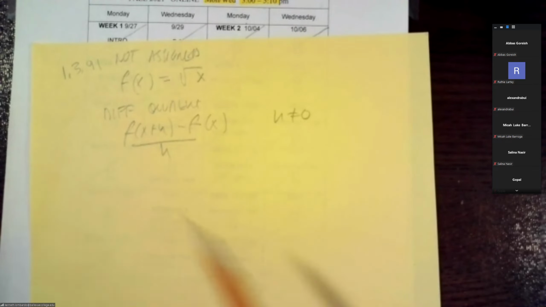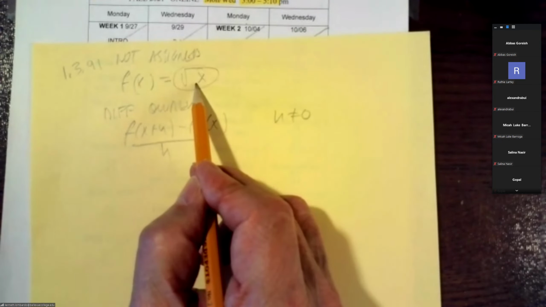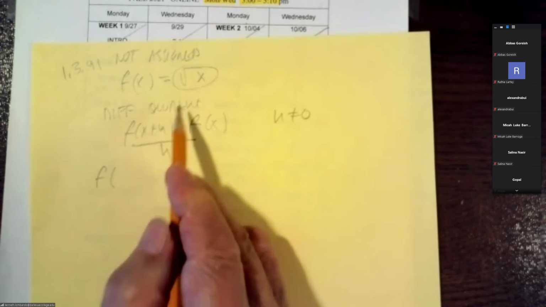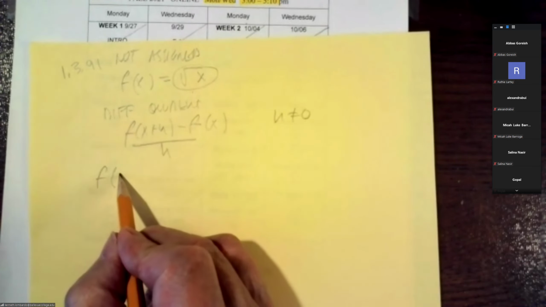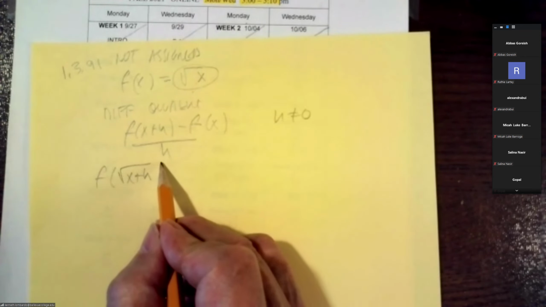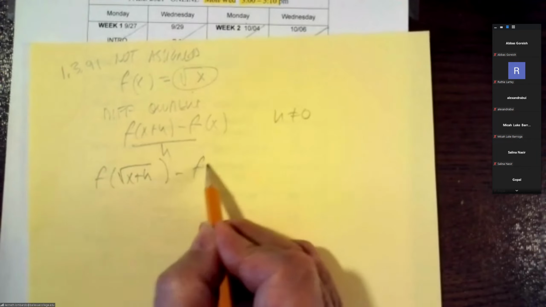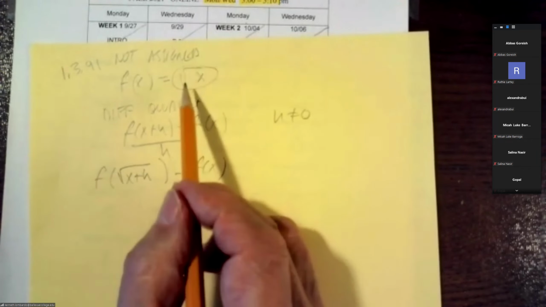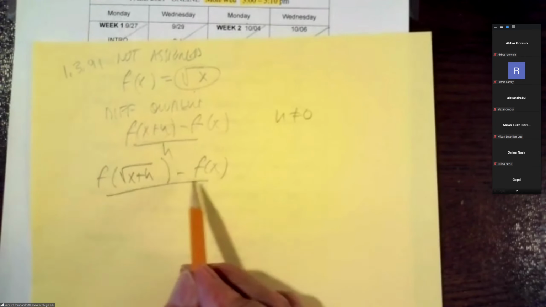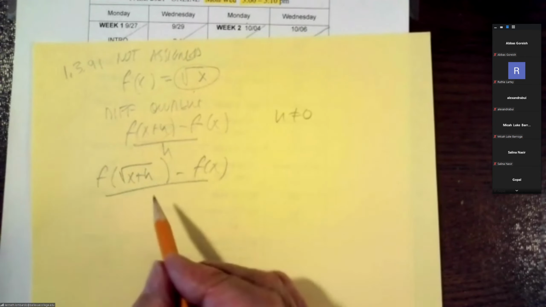Okay, so we are given this value here. So let's say f at x plus h, so that's going to be root x plus h, and minus f at x. So we're just going to substitute the x plus h value in, divided by h.